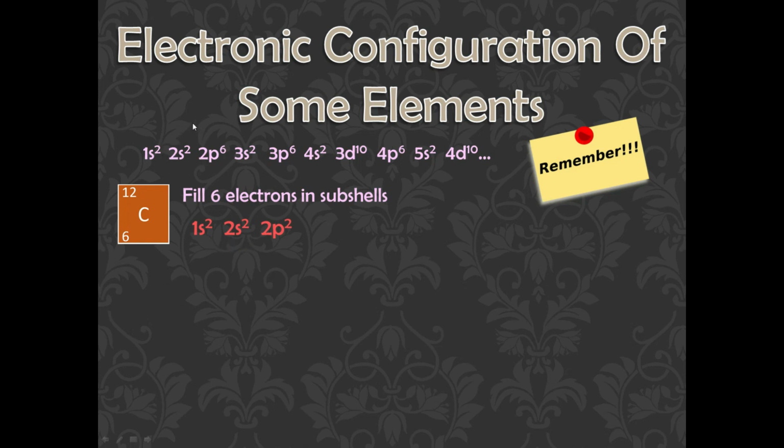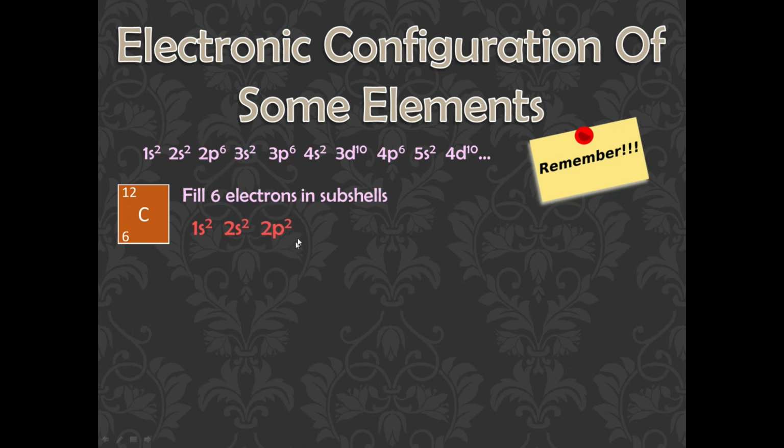Then the second subshell is 2s2 in this sequence, so you have written 2s2, and here also only 2 electrons can be filled. 2 we have filled in 1s2, 2 in 2s2, so now total 4 electrons we have filled.